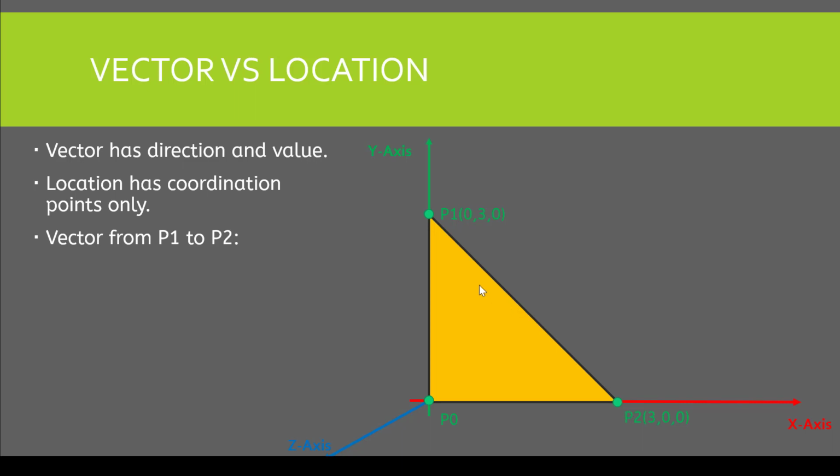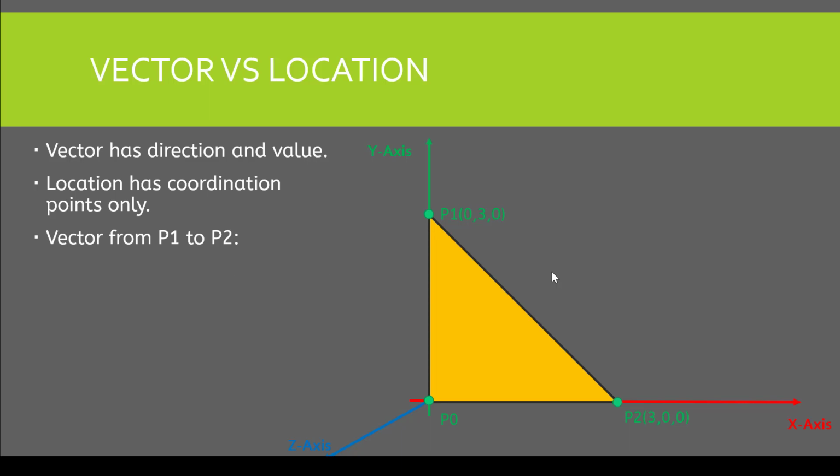Now if I say I want the vector from B1 to B2, this means if I am standing at B1, I want to go in the direction of B2. Where will I go, what is the direction and how much is the value? We can get it by finding the vector. The equation is vector equals B2 minus B1, the target point minus the reference point in general.